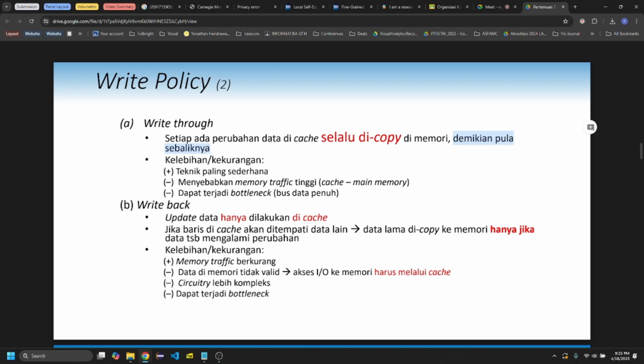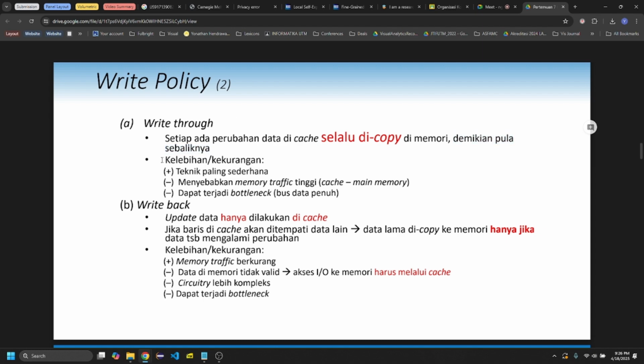So in this case, if the CPU updates the value in the cache, then the computer system must ensure that this change also happens inside the memory. And vice versa: if some device updates the information inside the main memory using DMA, then the changes must also be written into the cache.